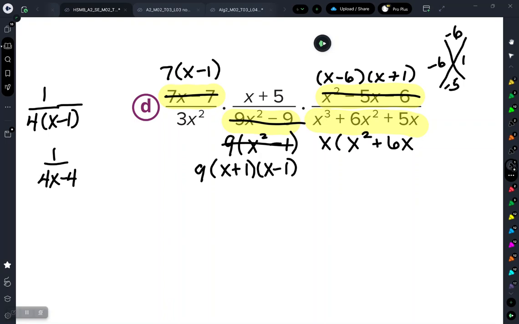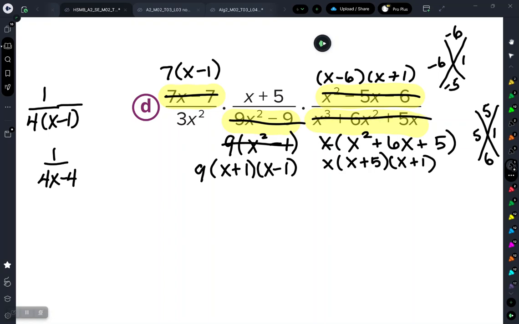So I'm going to take out one of the x's. And this is a trinomial where I could see 2 numbers that multiply to make 5 and add to make 6 are 5 and 1. So x plus 5 times x plus 1, and I'm going to cross these out again because I just want to look at the factored version.